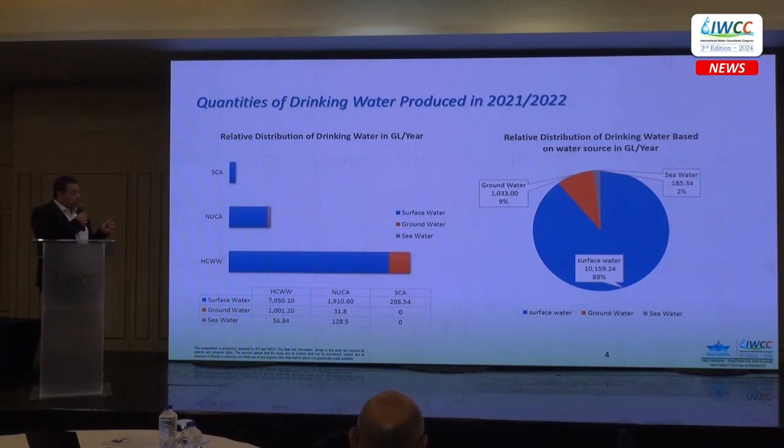So if we gather all the surface water and the groundwater and seawater, we could say that the surface water produced about 10 billion cubic meter per year from the surface water and 1 billion from groundwater, and seawater was about 185 million cubic meter per year.